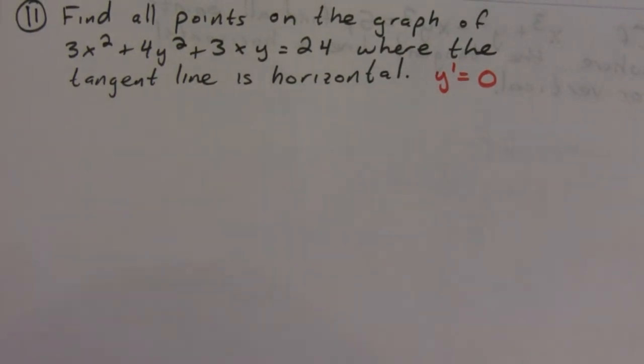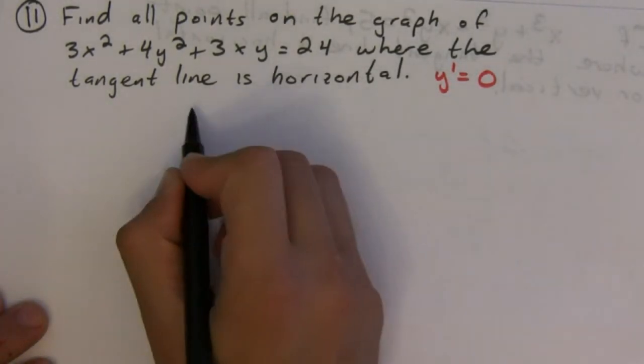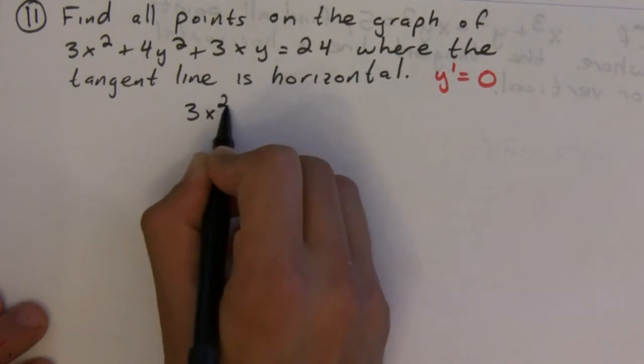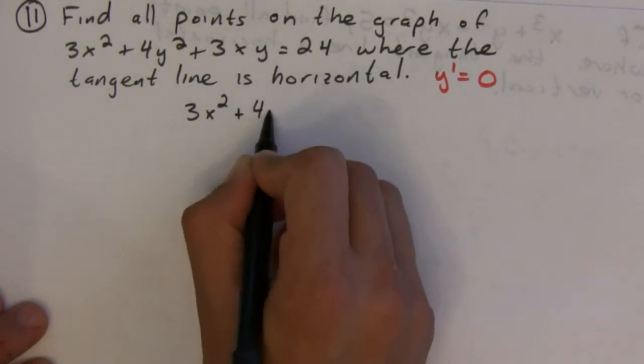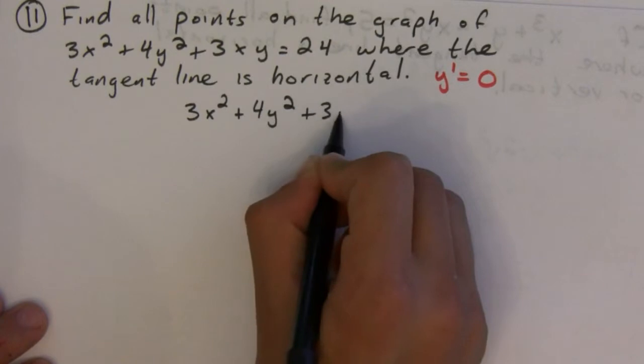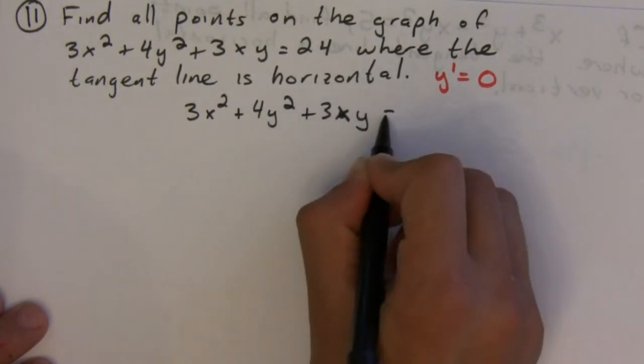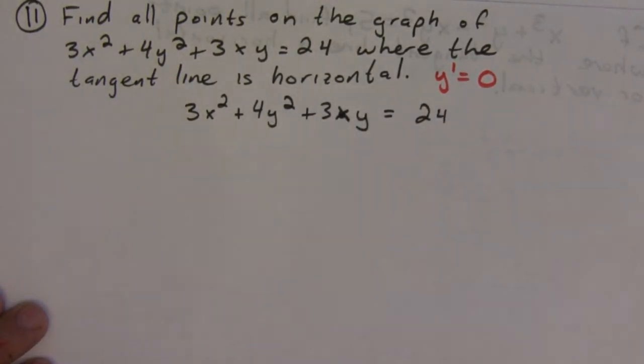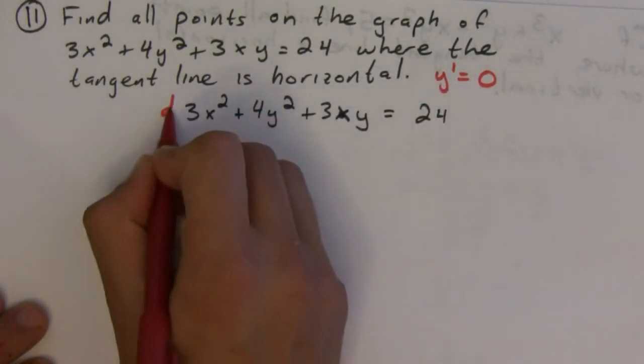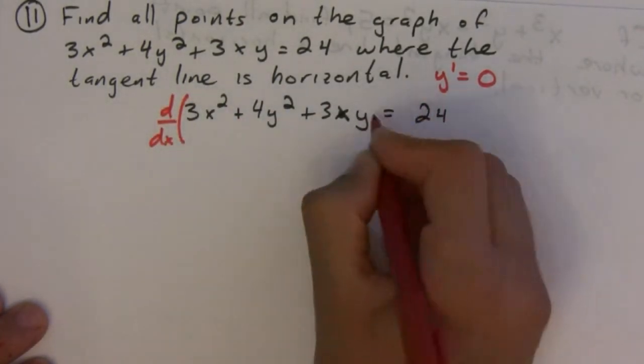This is a little tricky, but let's start off. The first thing is, we know we need the derivative, so why don't we find that? Now this is an implicit equation, so let me write it out again. And we're going to get the derivative of both sides.